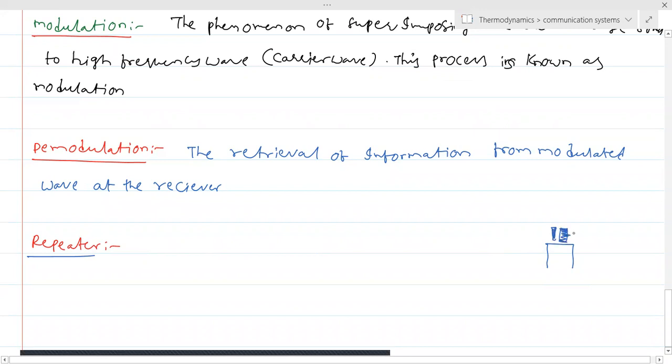Near the hoardings, or we will see them in our streets, over the buildings. Towers are different; these are repeaters.